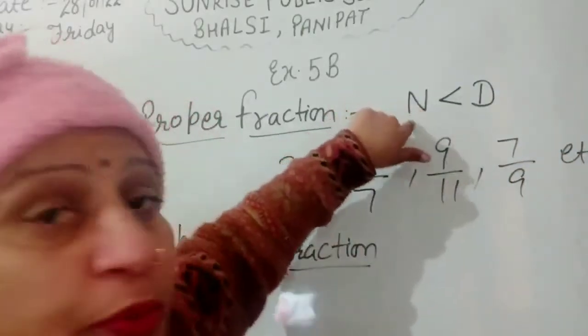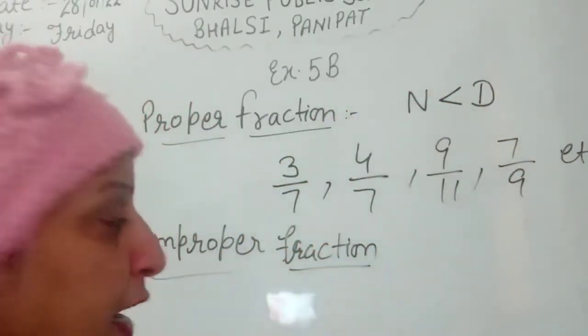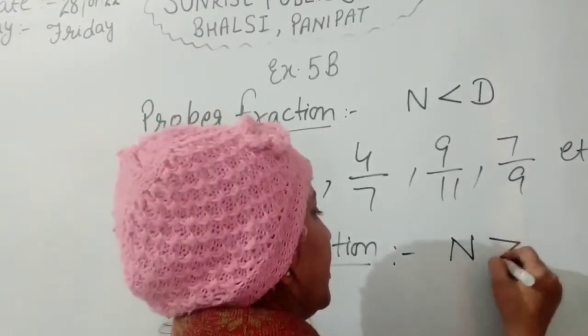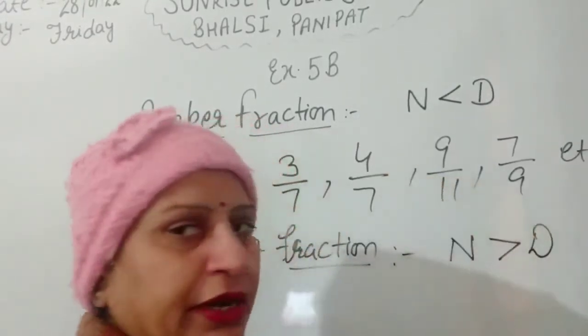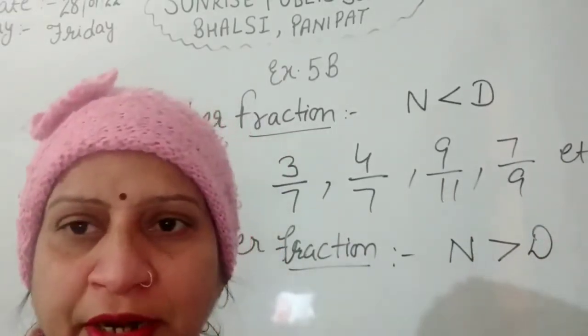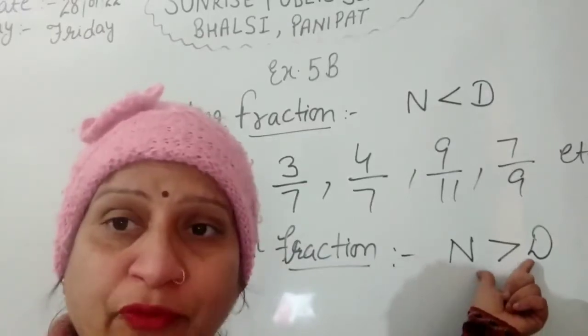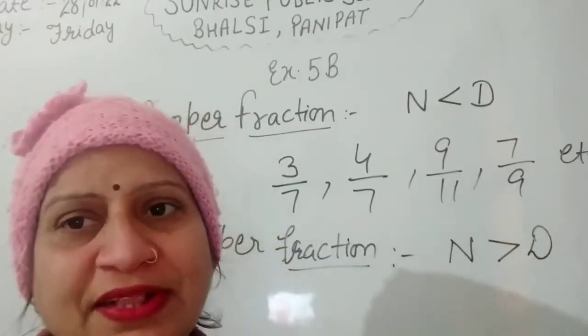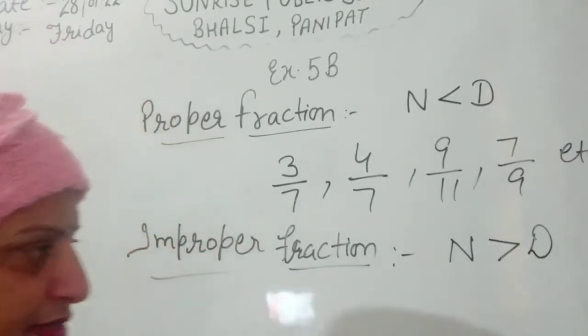In the first one, the numerator is less than the denominator, and in this one the numerator is greater than the denominator. By following this condition we can write many examples of improper fractions.